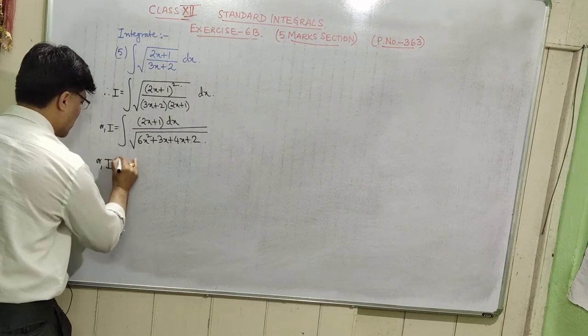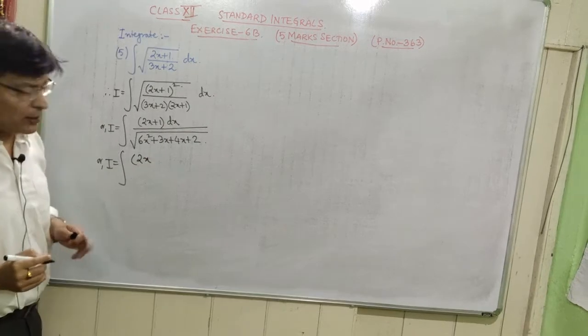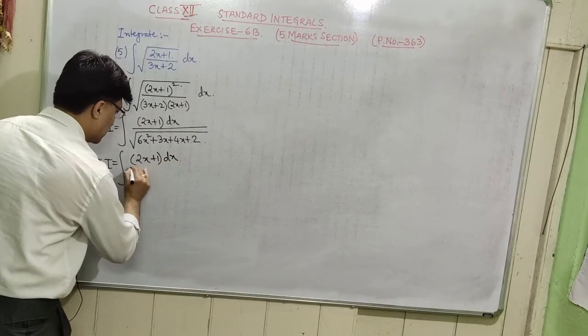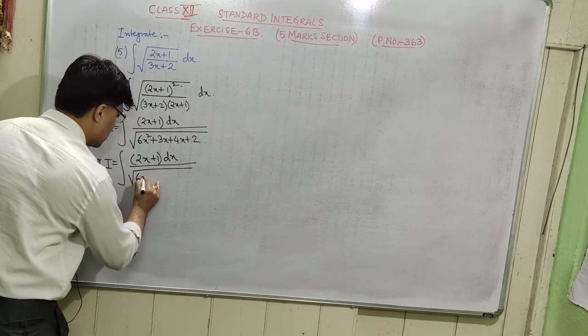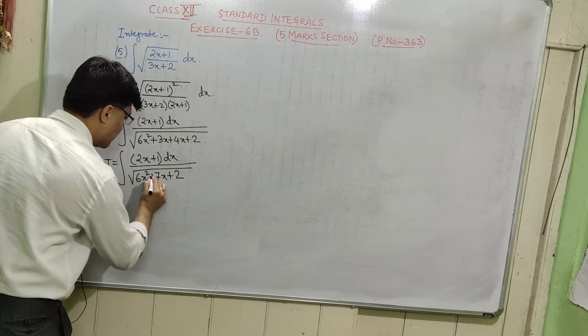Or I is equal to integration of within bracket there is 2x plus 1 dx divided by within square root, it is 6x square plus 7x plus 2.